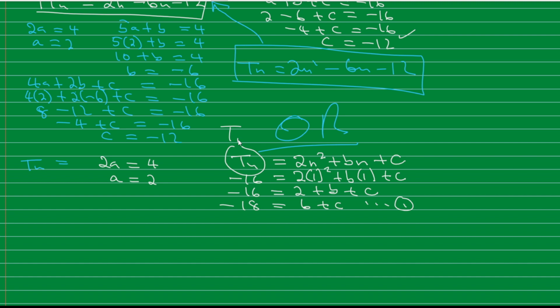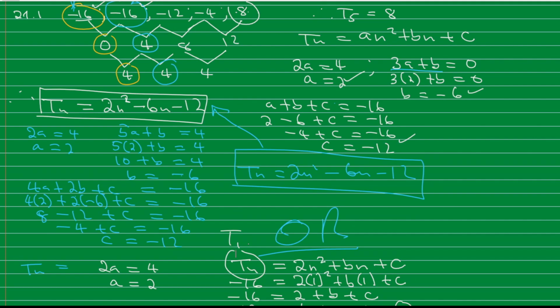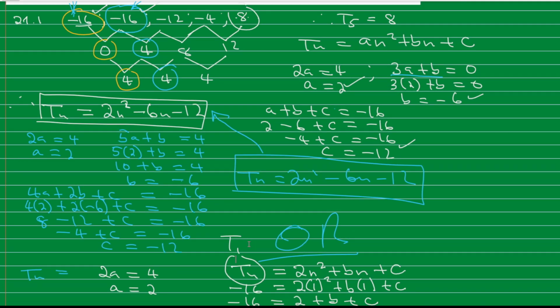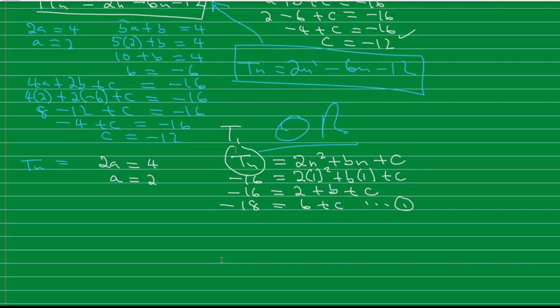Okay, what is my T2? Our T2, I guess, is the same value, negative 16. The difference now is I'm going to substitute, my n is going to be 2. So substitute again: negative 16 is equal to 2 into, my n now is position 2. Remember, n is position, so that will be 2 squared plus b times 2.